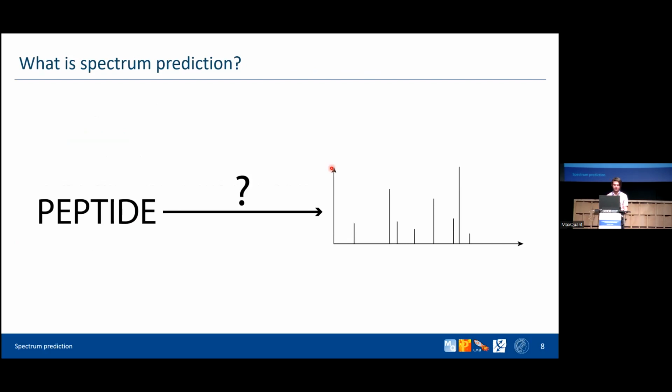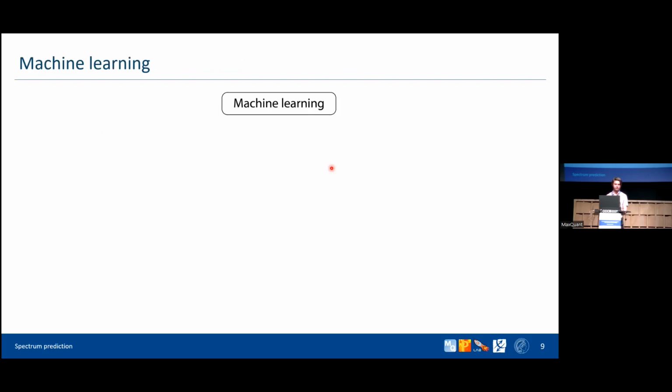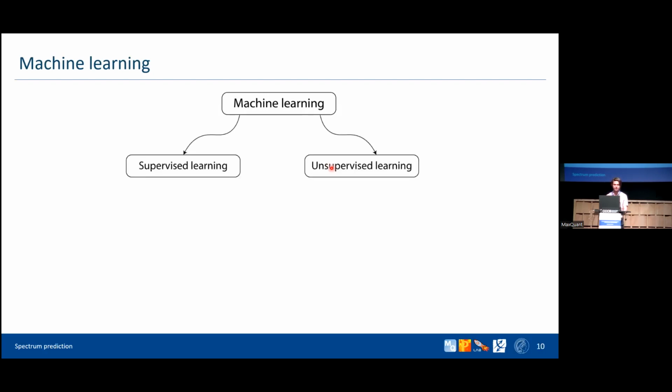But first, I will briefly talk about the core machine learning concepts. So what is machine learning? Machine learning is a set of methods for building models from experimental data. And there are numerous machine learning algorithms, and they can be grouped into supervised, where we have categorical or numerical values to predict, and unsupervised, where the goal is to find patterns in the data itself using clustering or dimensionality reduction.